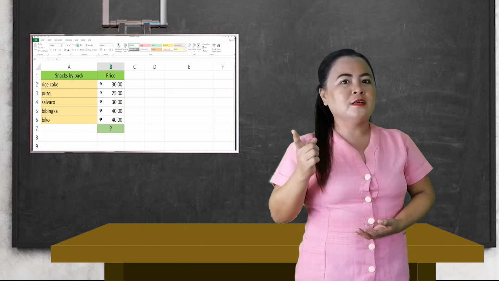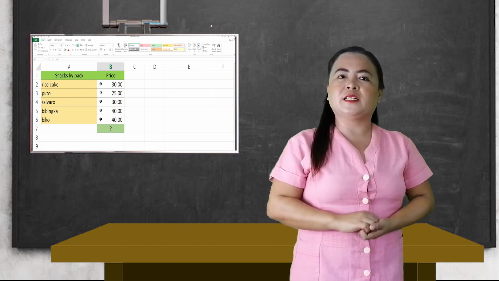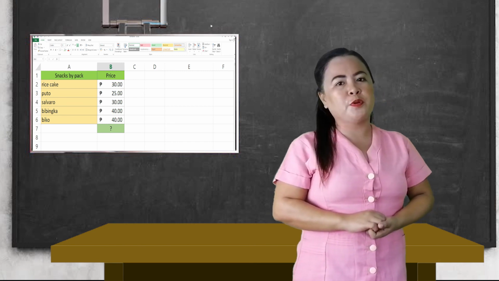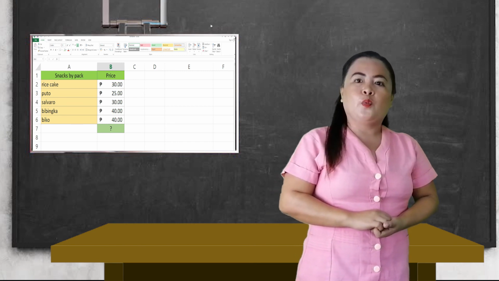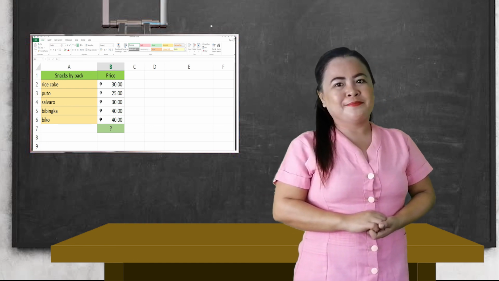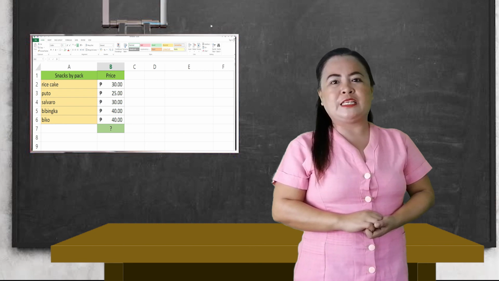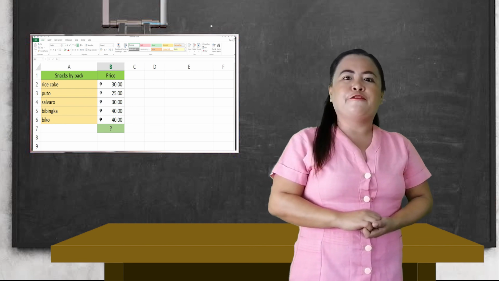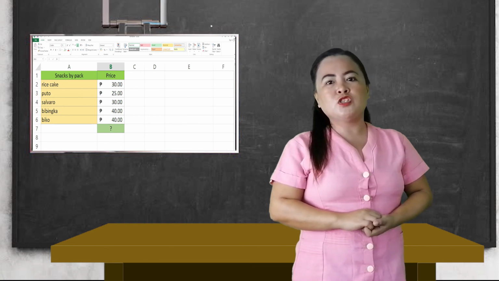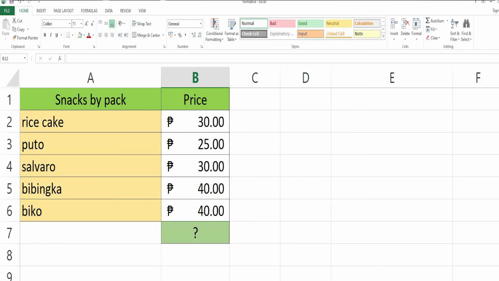That's it, kids. What is your score? I know you did well in the activity. You have learned how to use functions and formulas in spreadsheet. With that, I bet you are up for one more. Let me show you your formative assessment for today. Find the sum of the items projected on your screen using the proper formula.